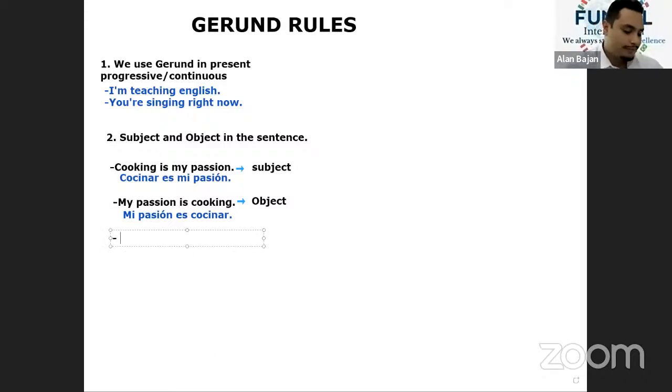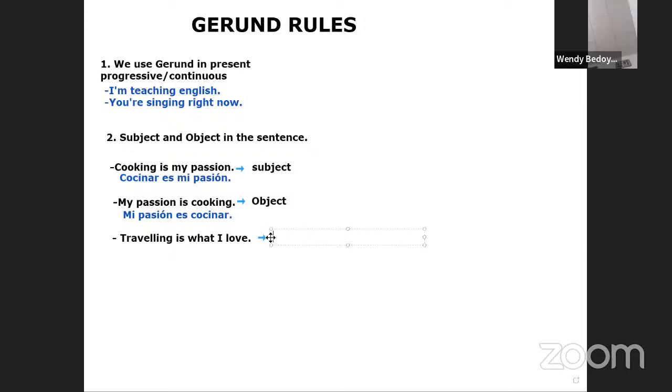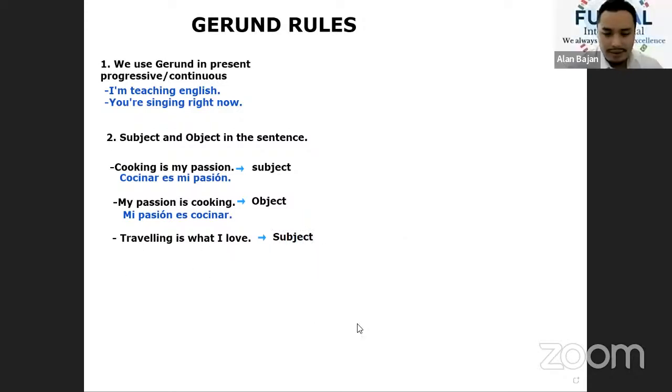For example, traveling is what I love. This is subject or object? Subject. Viajar es lo que amo.